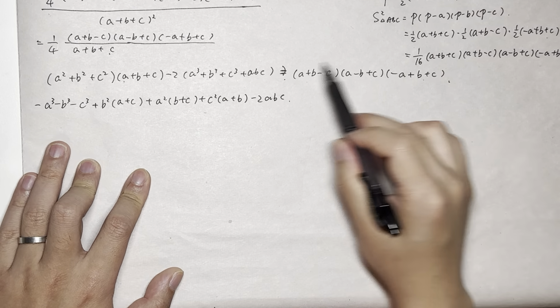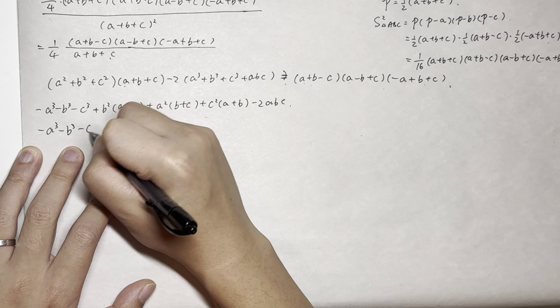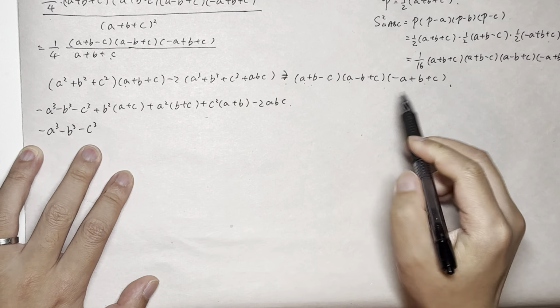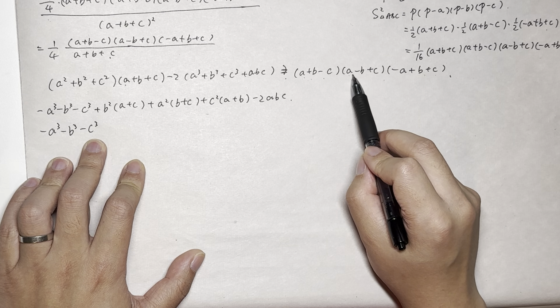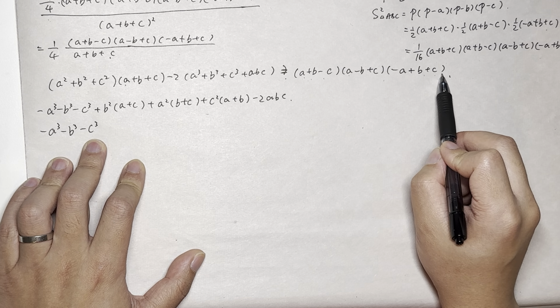And for this one, look at a minus a here, which means for the a squared, we have minus a to the power 3, right? And b minus b here, so we have minus b to the power 3. Similarly, we have minus c to the power 3. And then for a square term, we have a here, and we have b plus c, right?